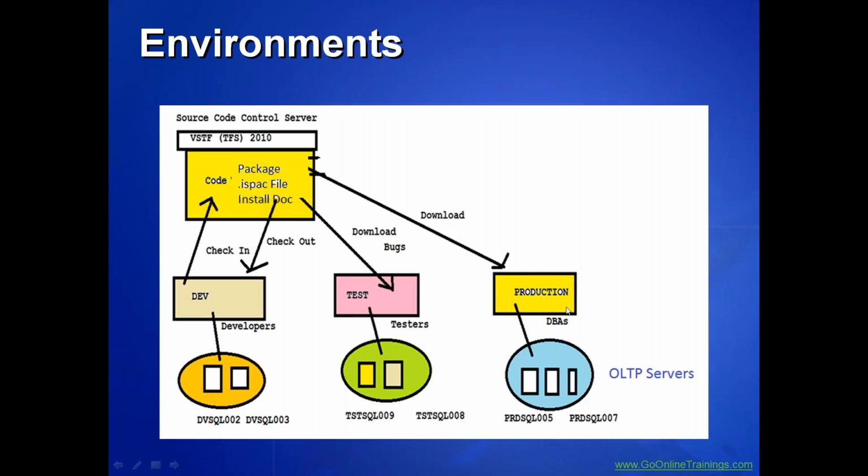These servers are completely maintained by one more team, the DBA team, the database administrators. These guys cannot understand stored procedures. These guys cannot understand the code in queries, nothing they can understand. Whatever code you give, these people can install and run the code in the production environment. Clear?